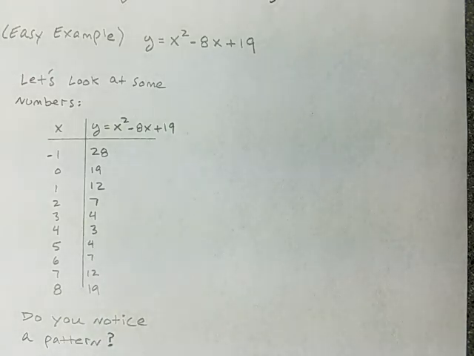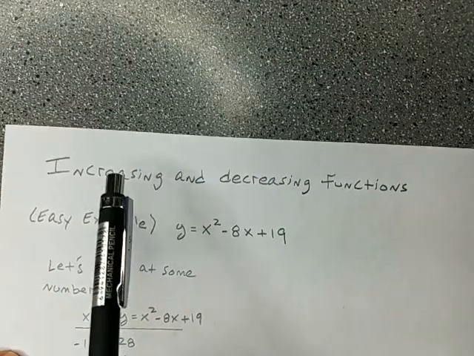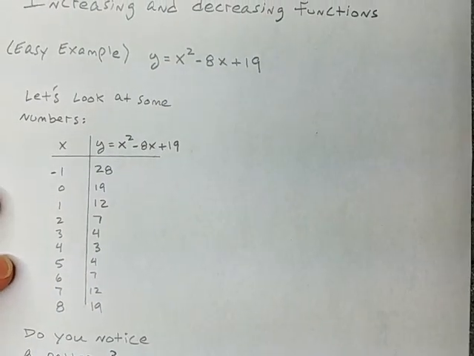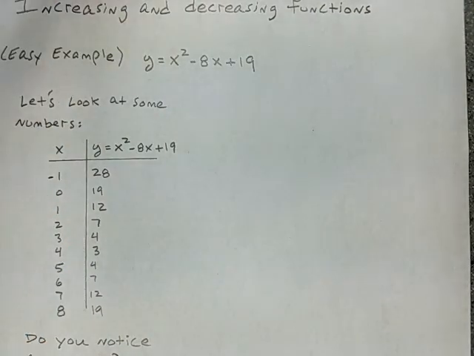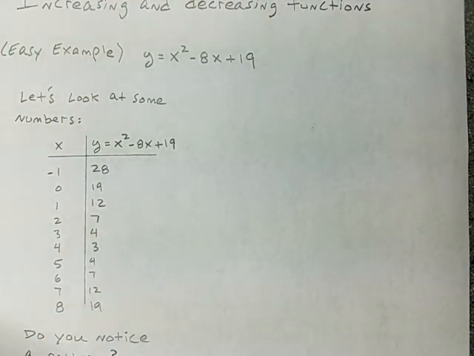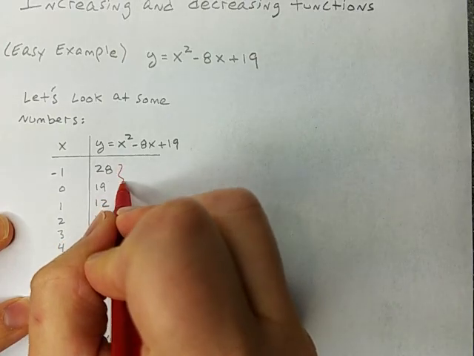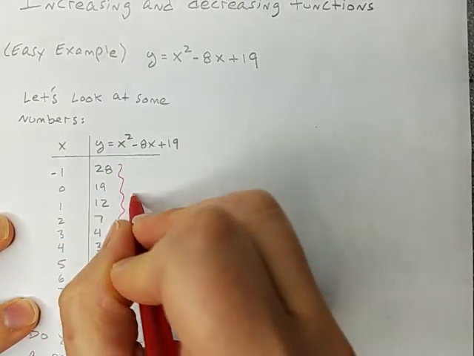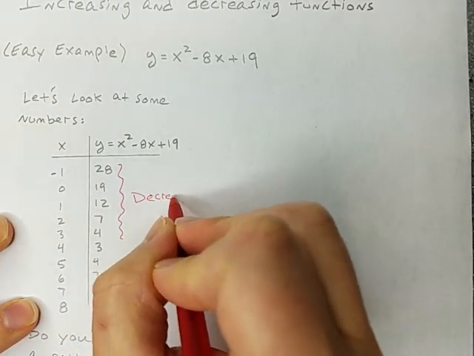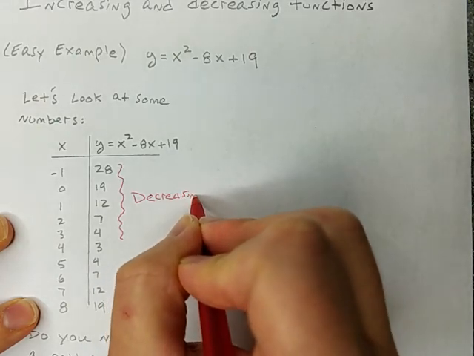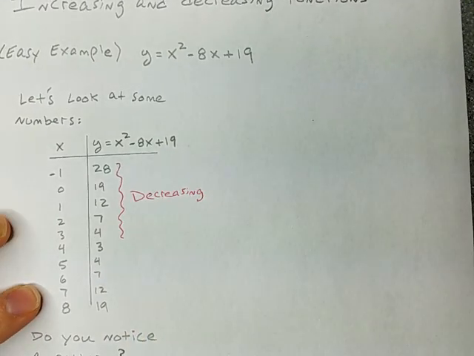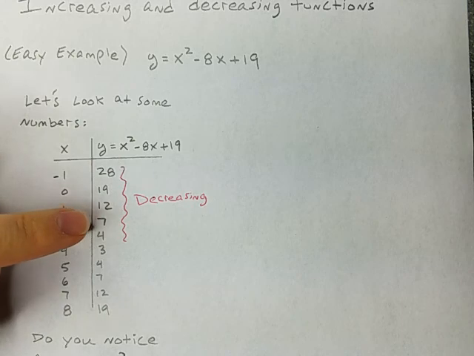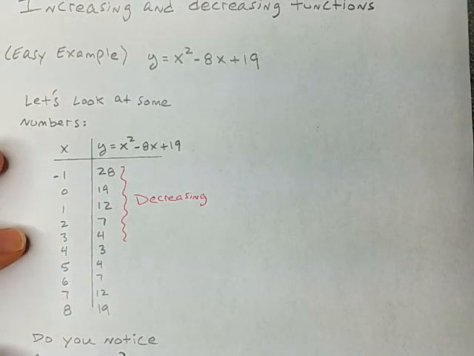And that's all we mean by increasing and decreasing. So the words mean just what you think they mean. Here's the pattern we notice: right in here, it's decreasing. And that's not really a complicated mathematical idea. I mean, these numbers are getting smaller. It's just a brute fact.